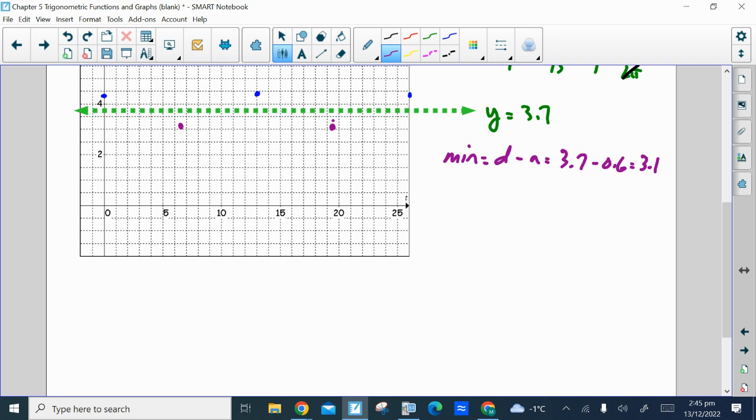Halfway between 0 and 6.5 would be 3.25. That's what will be in the middle.